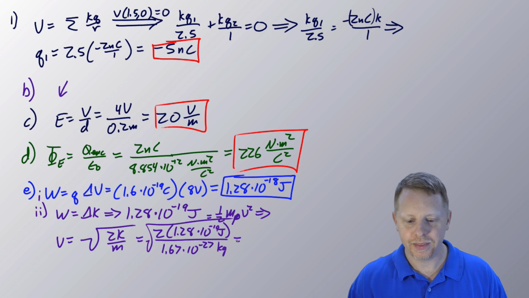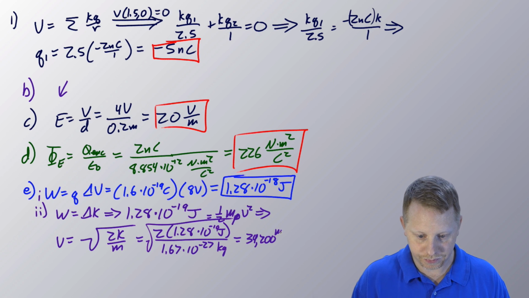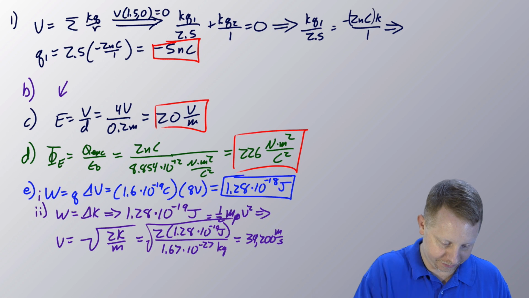Square root all of that, and I come up with about 39,200 meters per second.